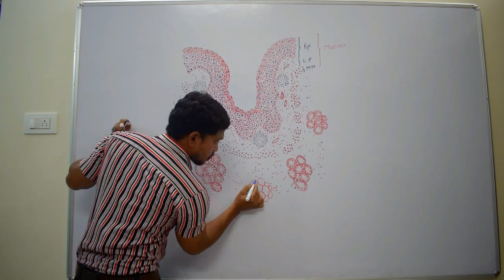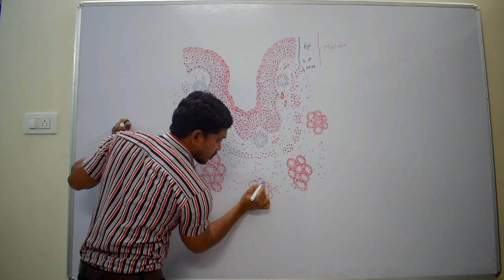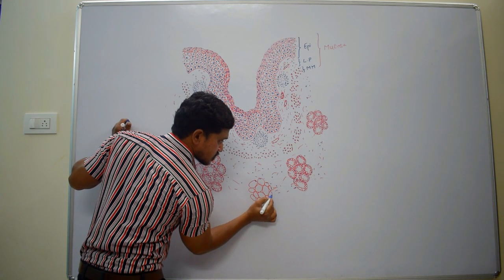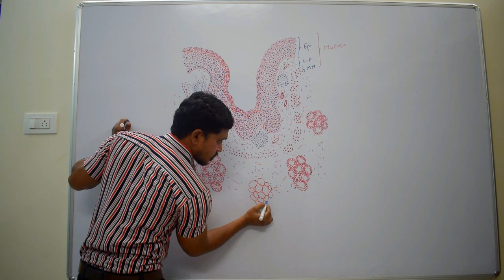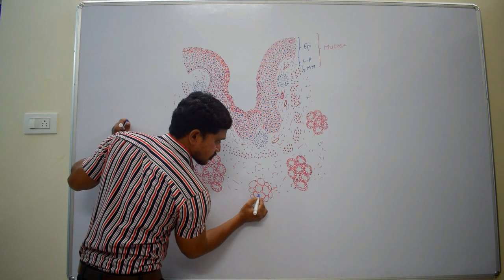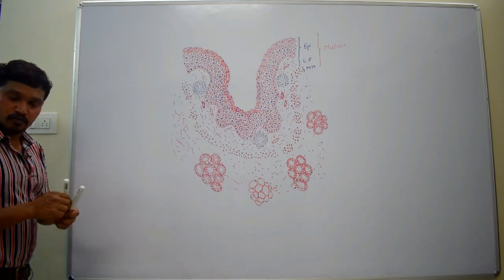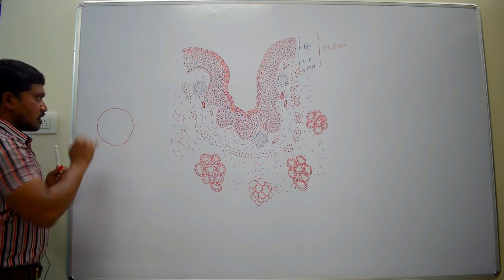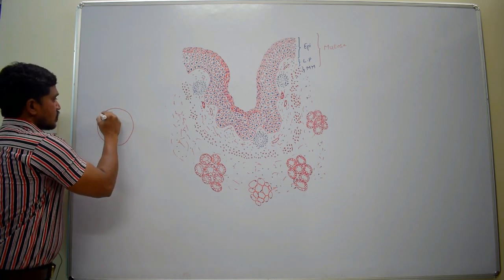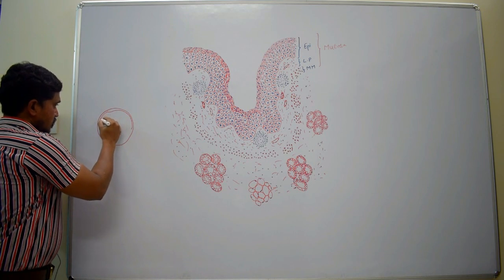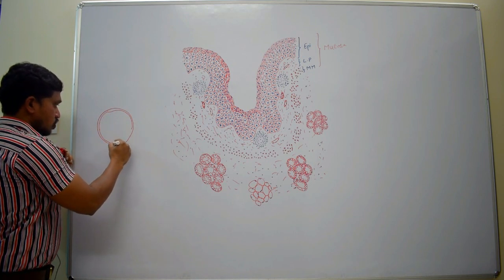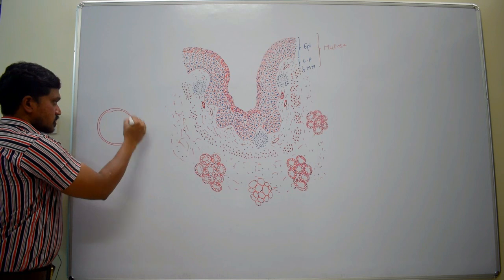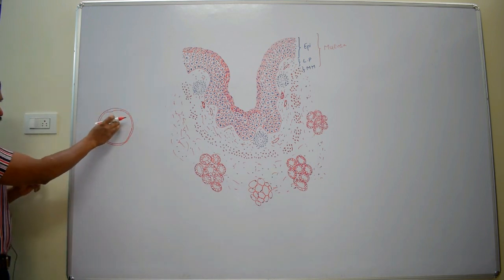The nucleus will be pushed towards the periphery so that these cells look like a signet ring. What is the structure of an adipose cell? This is the cell membrane or plasma membrane of the adipose cell. It contains a very large fat droplet. So most of the cytoplasm is filled with this fat droplet.